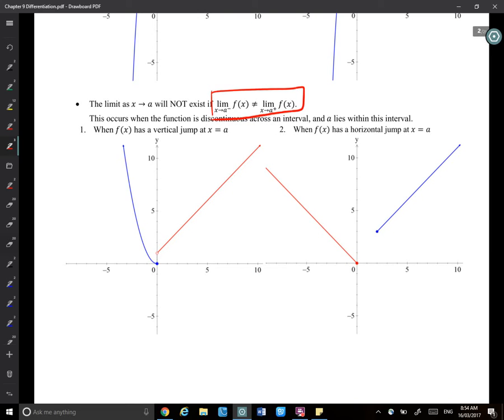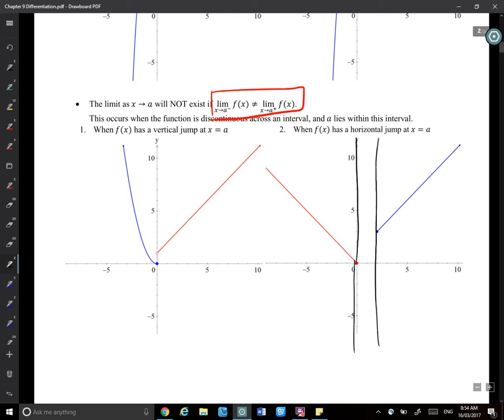Also, I can have a horizontal jump. With a horizontal jump, you can see I have no values in between this black line. Anyway, if there's a jump, vertical or horizontal, I can't find the limit. I don't have the limit.